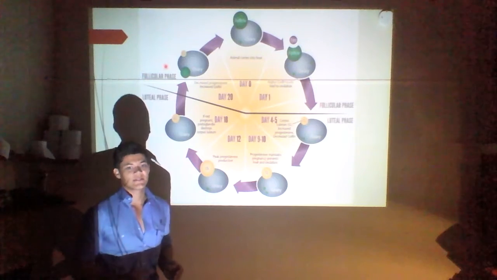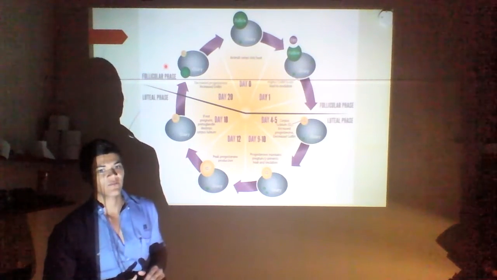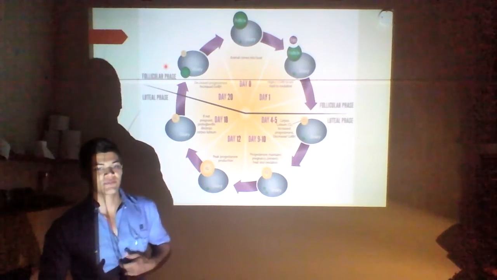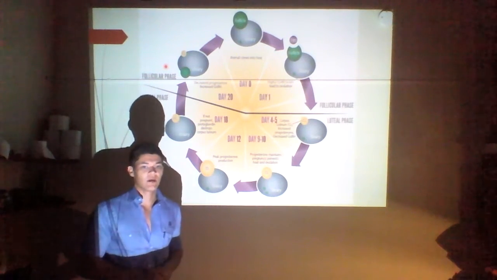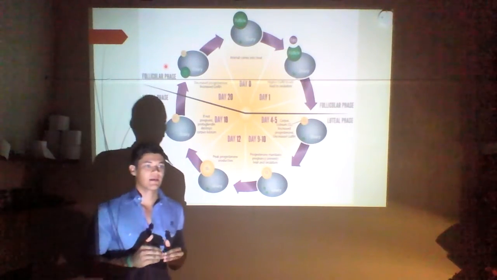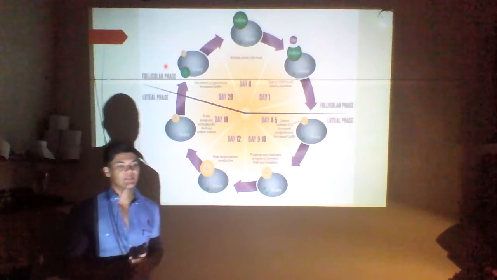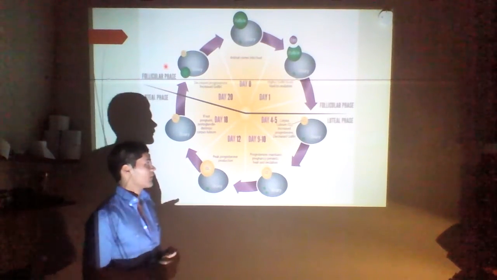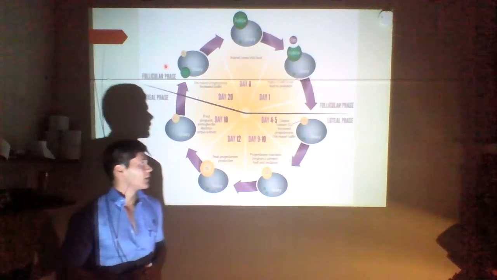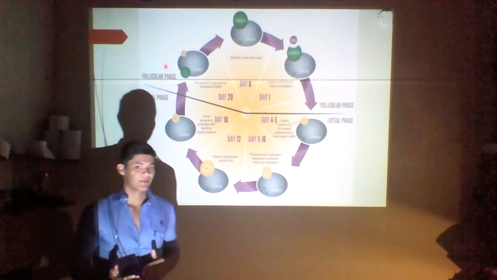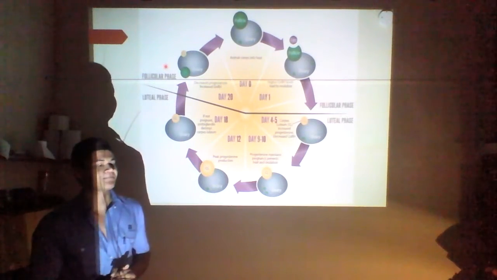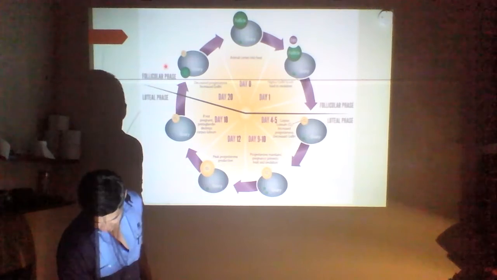This phase is characterized because the level of estradiol, which is a hormone that is produced in the ovary, is increasing. In this follicular phase, the follicles are developing and increasing, and at the same time the level of this hormone increases.